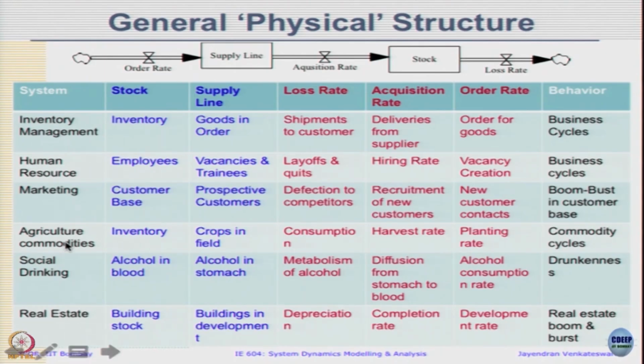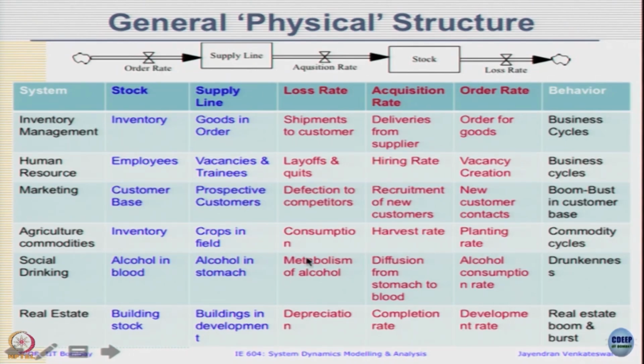For agriculture commodities, a similar structure is applicable, where the stock is the inventory of grains or food, the supply line is crops in the field, consumption is your loss rate, acquisition is the harvest rate, and order is the planting rate.